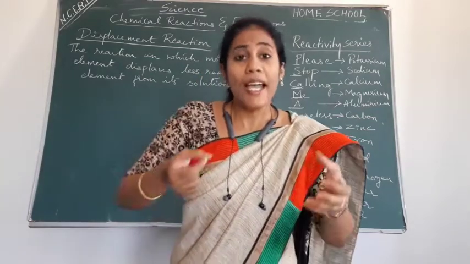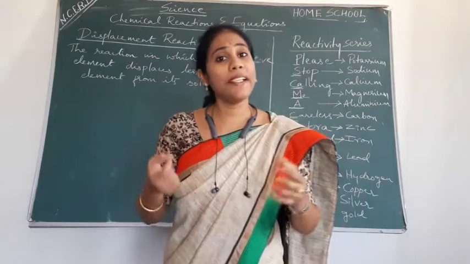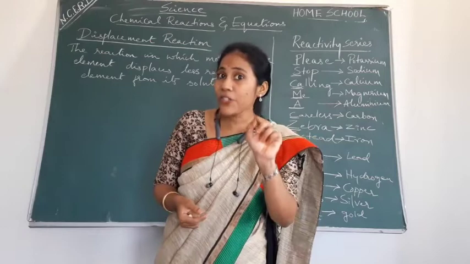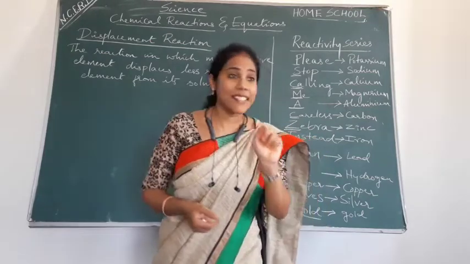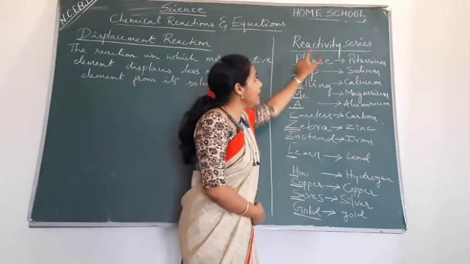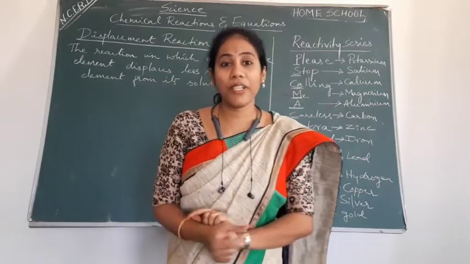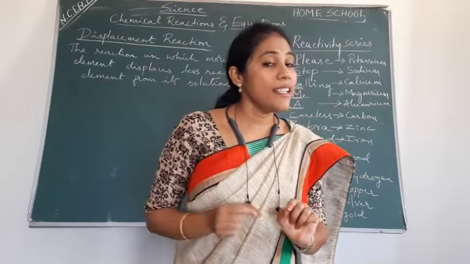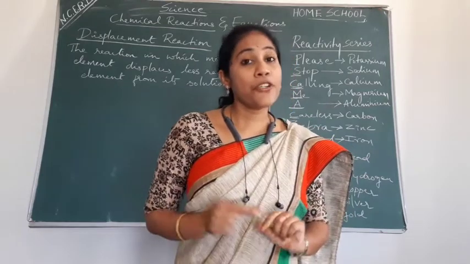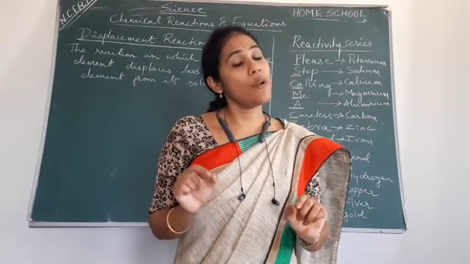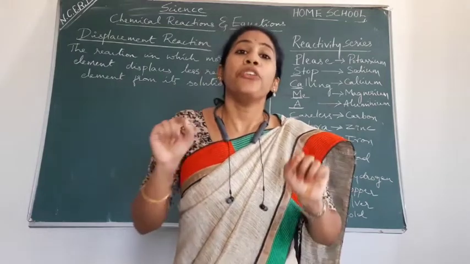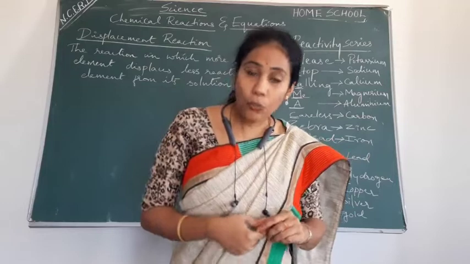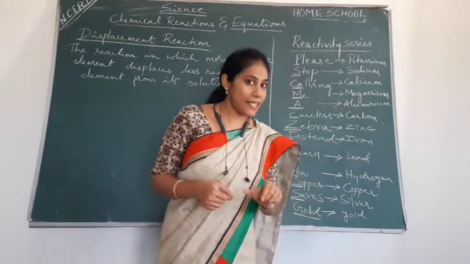How do you know which element is more reactive and which is less reactive? It is to be known by seeing a series called the reactivity series. It's a very important topic. So using the reactivity series, you can come to know which element is more reactive and which element is less reactive.